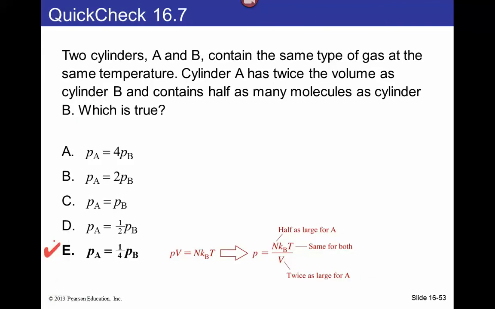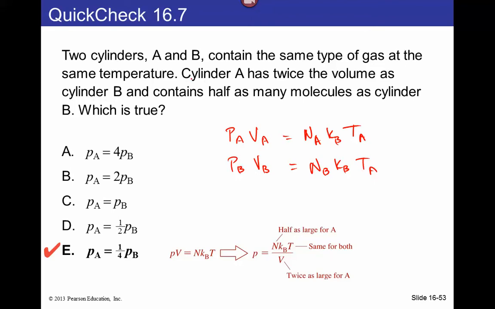They both obey PA VA is equal to NA kB TA, and PB VB is equal to NB kB TA. And this k is not the same as before. This is just the constant, the Boltzmann constant. So this is true for gas A, and this is true for gas B.